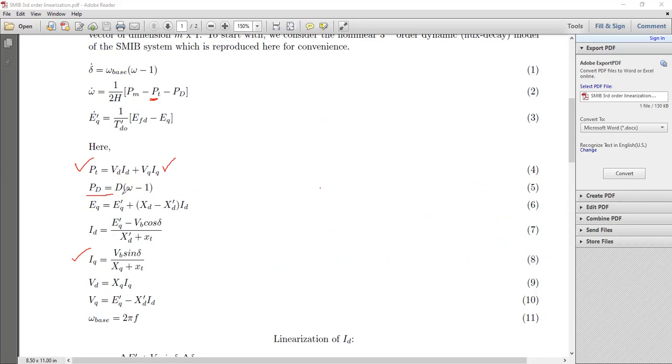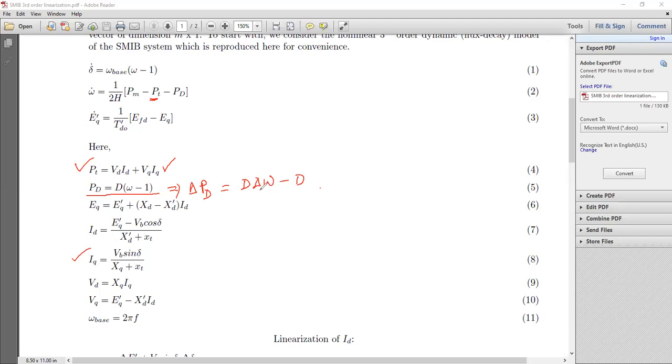What about this PD? What would be del PD? Anyone? So D del omega minus, so D multiplied by del omega.